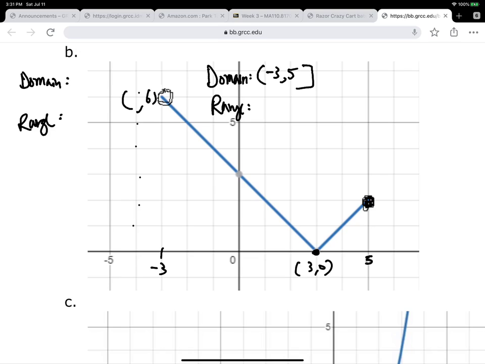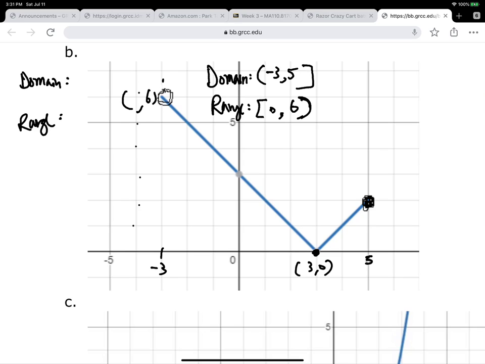So our range will go from bracket 0, because this is the actual point, the 0 is an actual point on the graph, to 6 with a parenthesis because of the open circle.